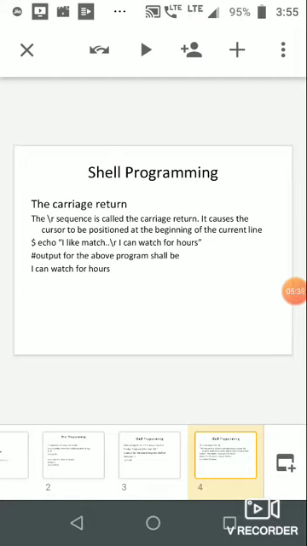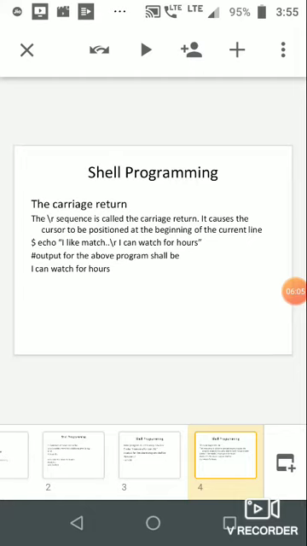Now here you may think that the first part of that sentence, that is, I like match, which came before applying the carriage return escape sequence, never got printed.